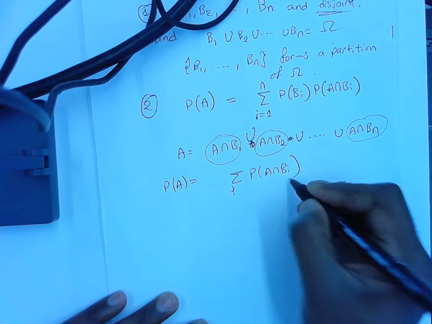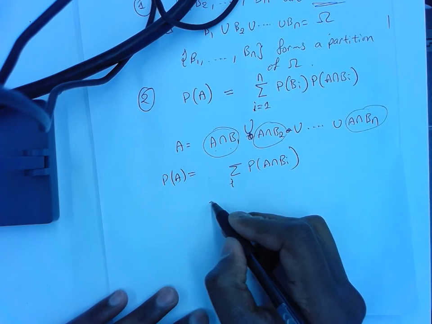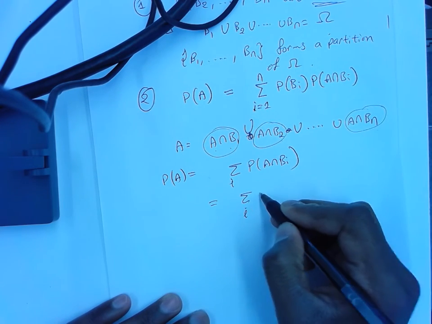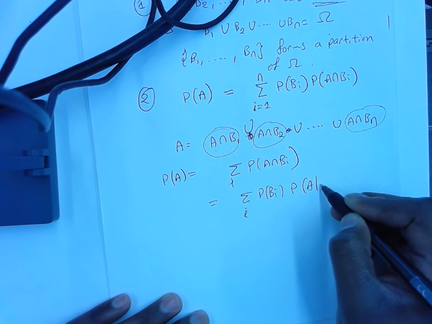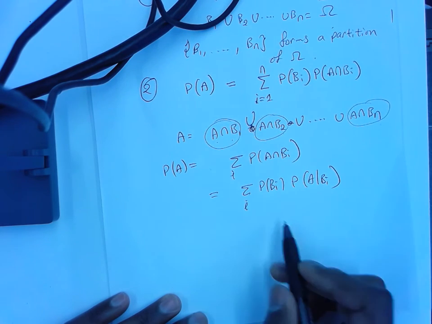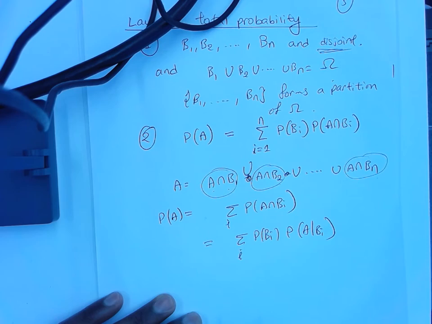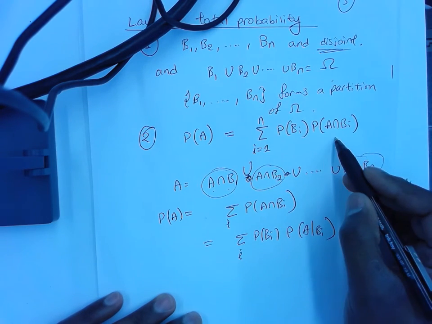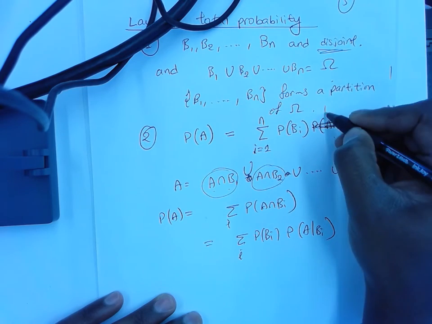Then I will use the multiplication rule, which is P of Bi times P of A given Bi. Yeah, you were right, so this was not correct. It should have been A given Bi.